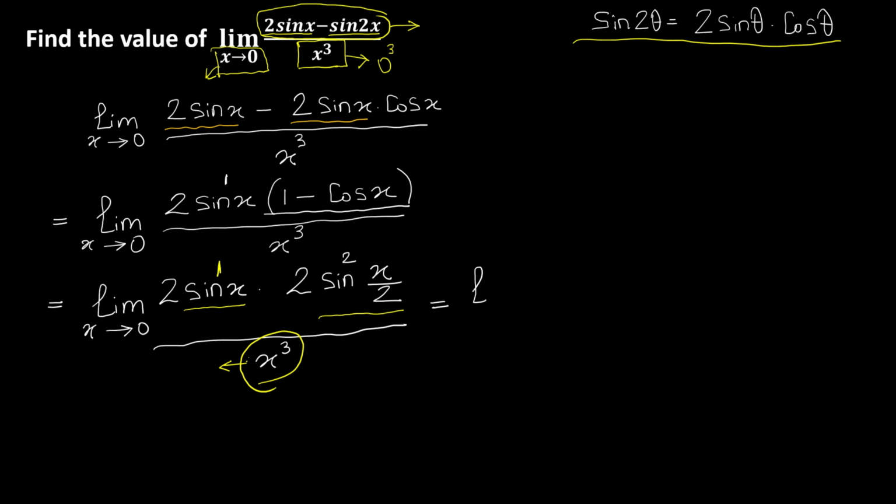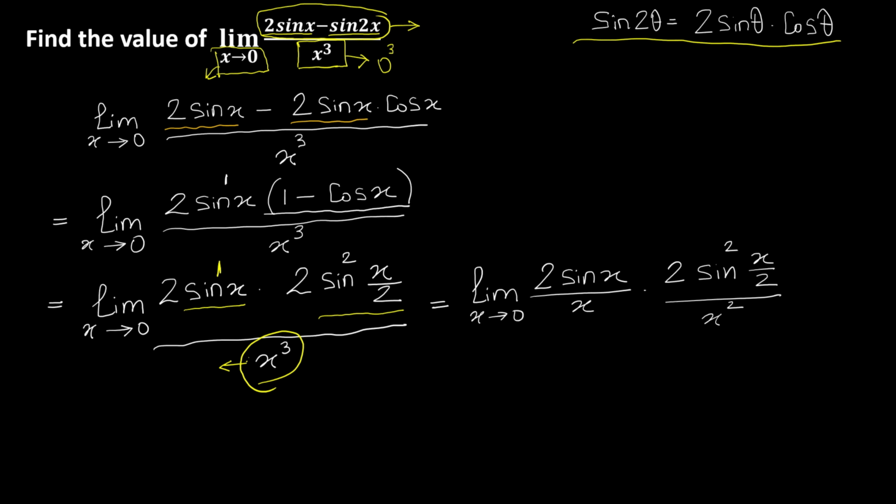So we have limit x tending to 0, 2 sine x divided by x, and we have 2 sine square x by 2 divided by x squared.